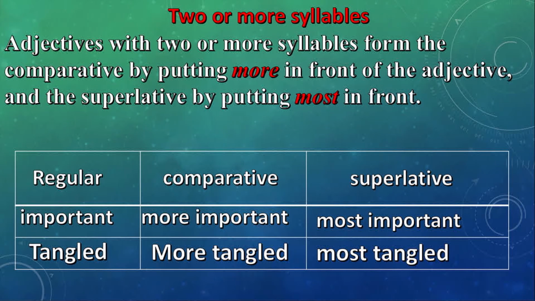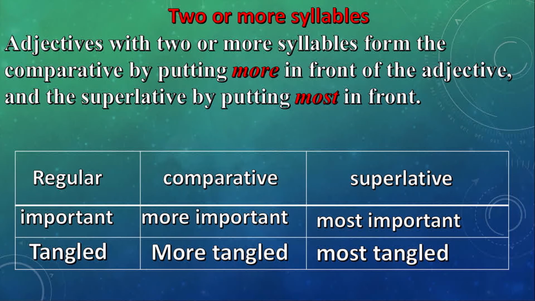Two or more syllables now. Adjectives with 2 or more syllables form their comparative by putting more in front of the adjective, and the superlative by putting most in front of it. There are a few exceptions to this rule. You have heavy, heavier, heaviest. But generally speaking, when there are 2 or more syllables, the comparative is formed by putting more, and the superlative by putting most.